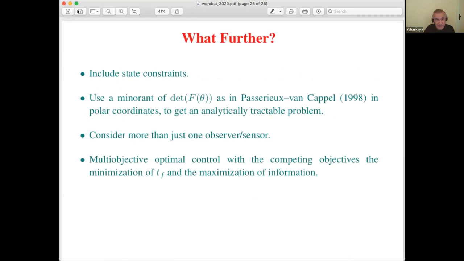Well, state constraints can be added, an alternative objective functional can be tried, for which perhaps it's possible to say more from a theoretical viewpoint. And one can consider more than one observer, and multi-objective optimal control, like comparing Markov-Dubins and information maximizing curves. Thank you.